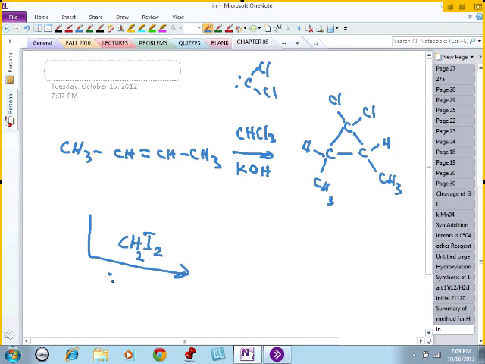Diiodomethane with zinc amalgam, say zinc-copper, which is simply a mixture of zinc and copper. If you do that, what you get is this here.